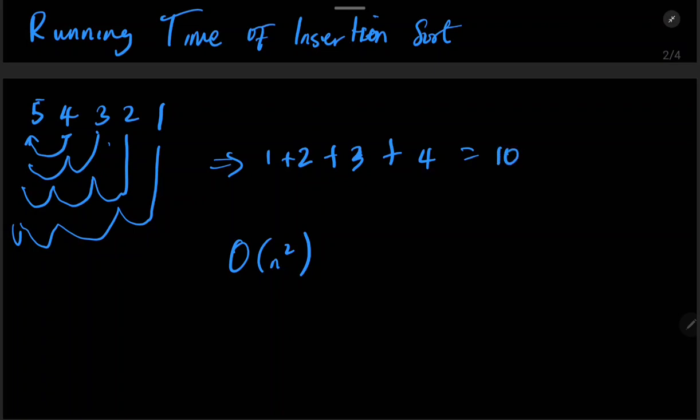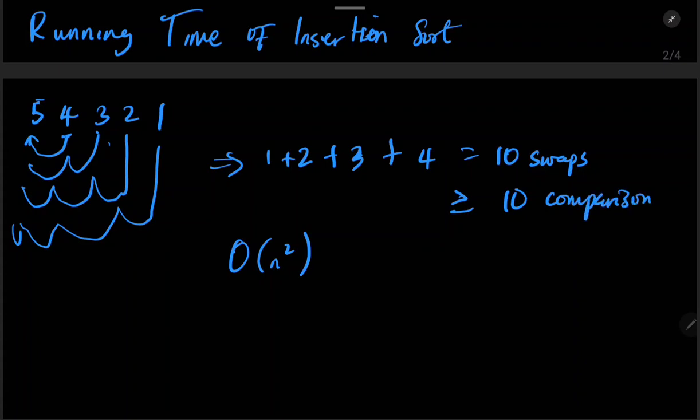But in reality, we're not just moving numbers. We compare first before we move. So we are comparing 10 times or more as well, then moving 10 times. So this is the number of swaps. We have 10 swaps, but we also have greater than or equal to 10 comparisons.